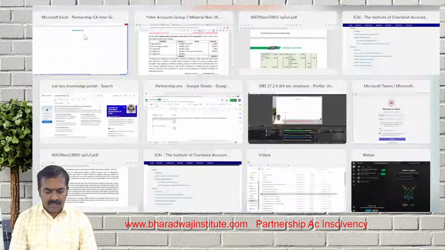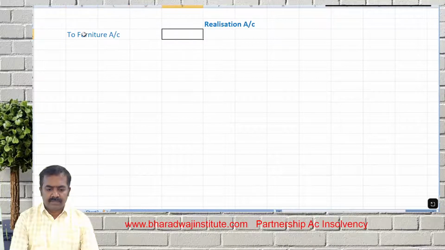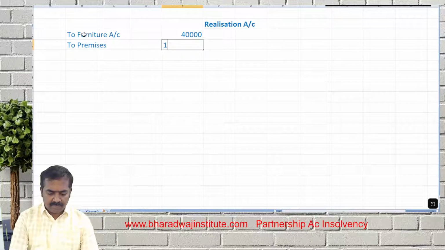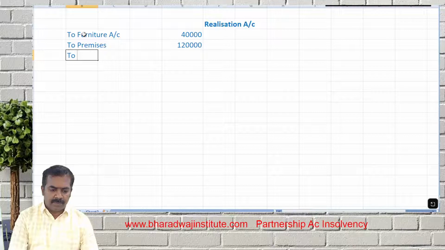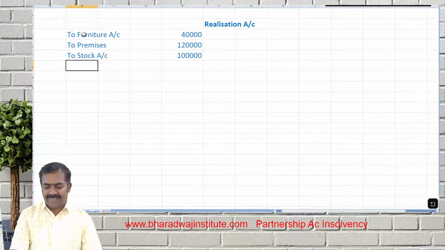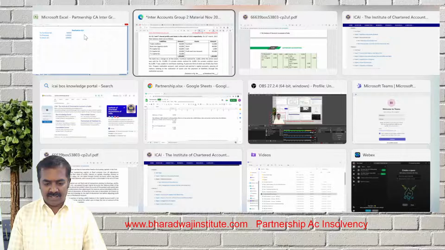Tell me the assets value. Furniture எவ்வளவு இருக்கு? 40,000. அப்புறம் premises 1,20,000. அப்புறம் stock account, to stock account 1 lakh. அப்புறம் வேற ஏதாவது இருக்கா?